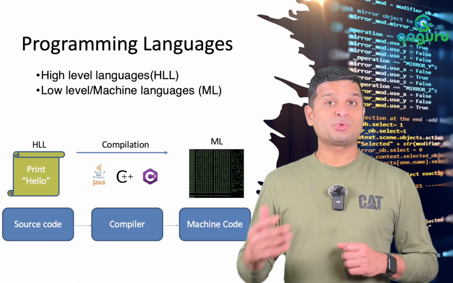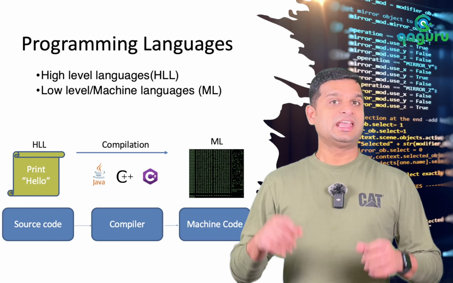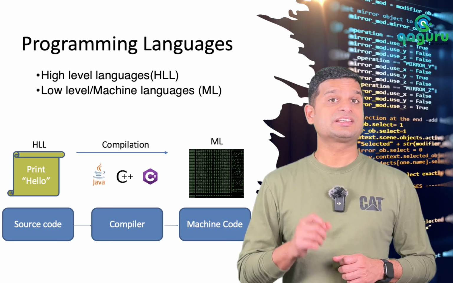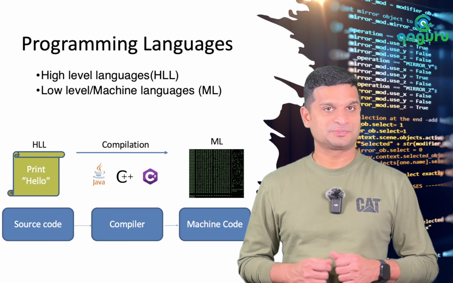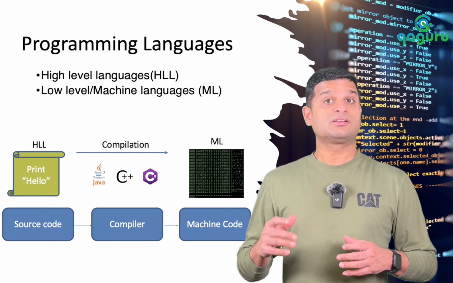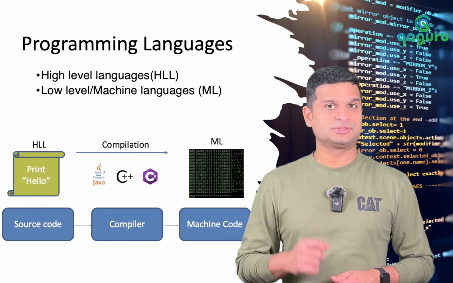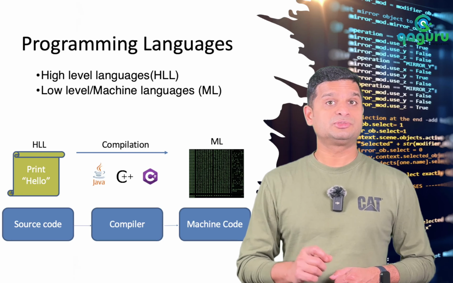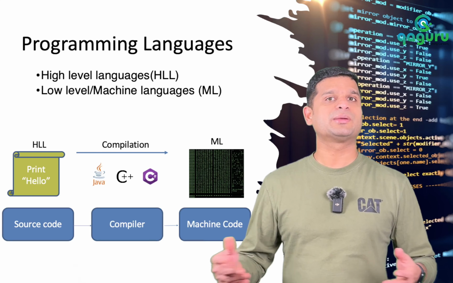We need a program called a compiler for this conversion. Every language has such a compiler. The conversion process is called compilation. We know that there are different kinds of machines and operating systems. Therefore, machine code created for a Windows PC will be totally different from that of a Mac computer.